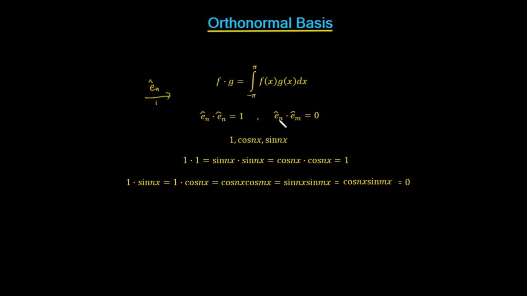But if we had the example here where en hat is in this direction and em hat is in this direction, and we asked what factor of en hat is in the direction of em hat, in this instance there's no part of en hat that goes in this direction.